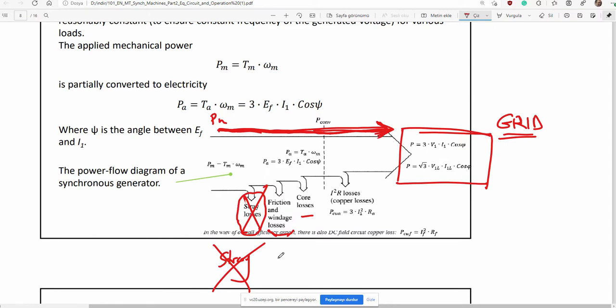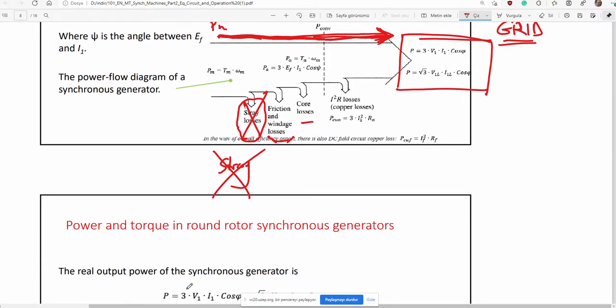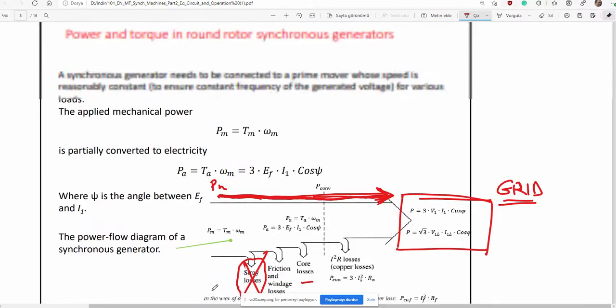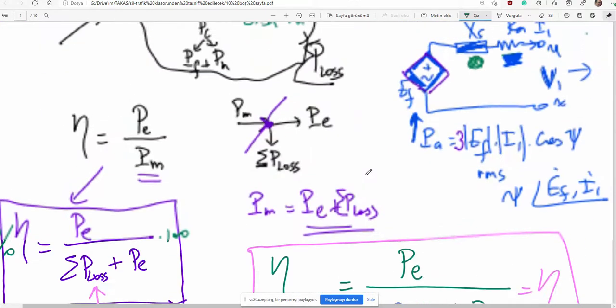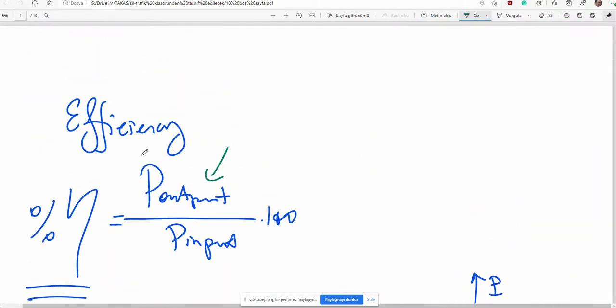It is quite a small amount of losses under heavily loaded cases. We already know some about power balance, but today we especially focus on efficiency and overall efficiency.